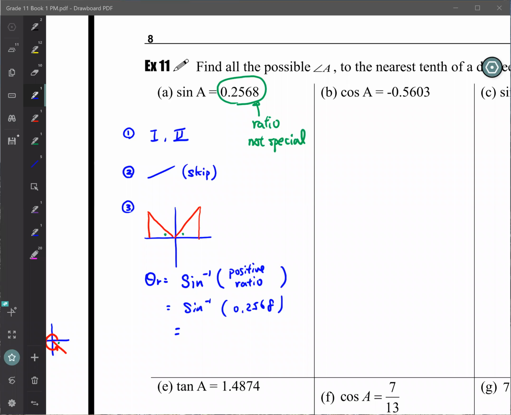I got 14.88. Okay, let's round it to the nearest tenth, as the question tells us. So 14.9. This will be the degree, the reference angle. If you get 14.9 degree, please raise your hand.